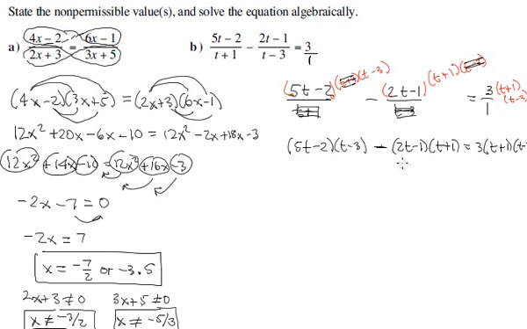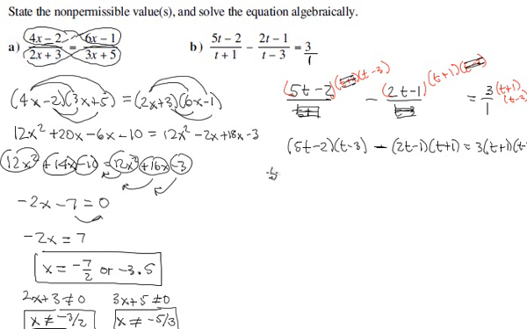No obvious cancellations or anything, so now I'm going to expand it all, collect terms on the left, and again I'm just going to assume that this will give a quadratic. If it doesn't, that'll be a lovely surprise, but if it's a quadratic, I'll want it to be t squareds and then t's and then numbers equals 0, and then we'll either try to factor it or we'll do some other clever quadratic thing to it.